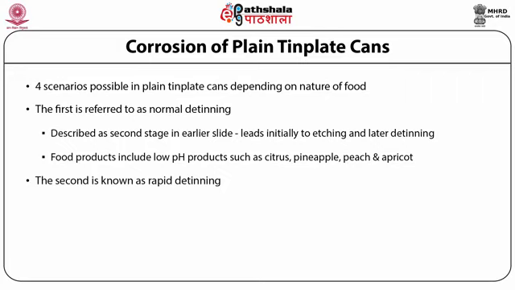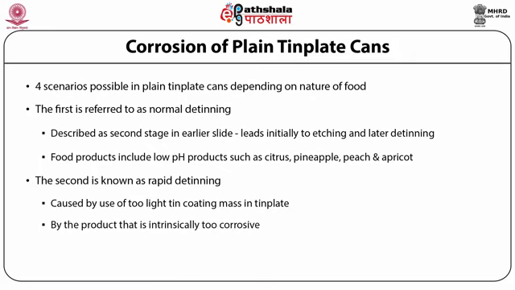The second is known as rapid detinning. Rapid detinning is caused by the use of tin plate with a tin coating mask that is too light or a very thin tin plate coating, or by a product that is intrinsically too corrosive or contains corrosion accelerators such as dissolved oxygen or anthocyanins, which are chemically reduced.